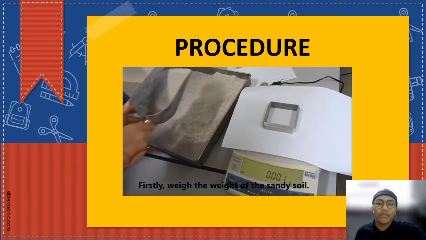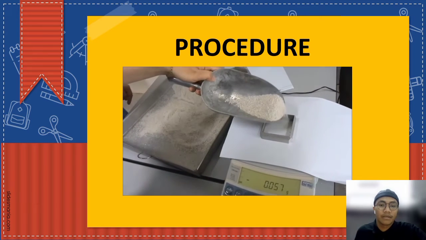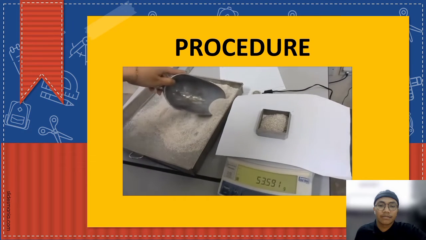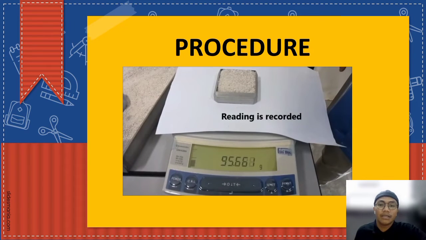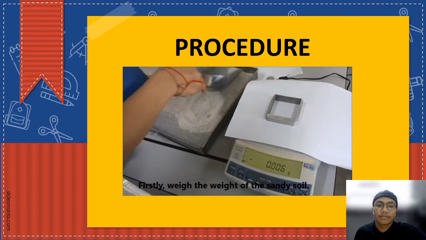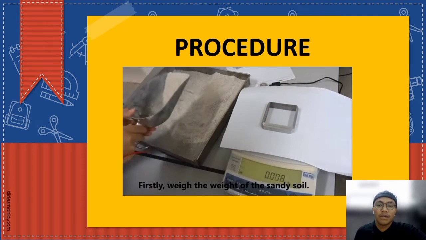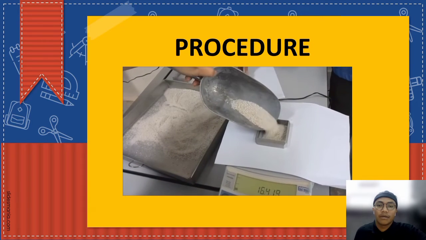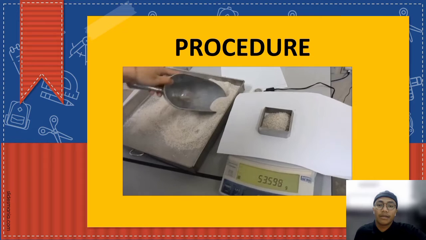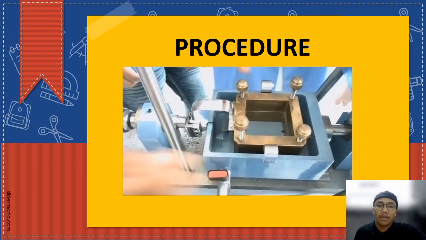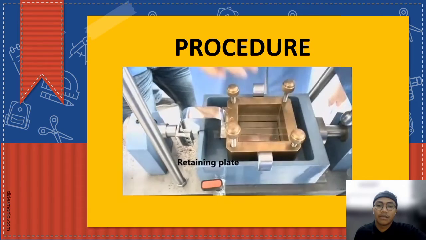Firstly, weigh the sandy soil. A reading is recorded. Secondly, set up the shear box according to this step. We need to put the retaining plate, solid grip plate, and the test specimen.